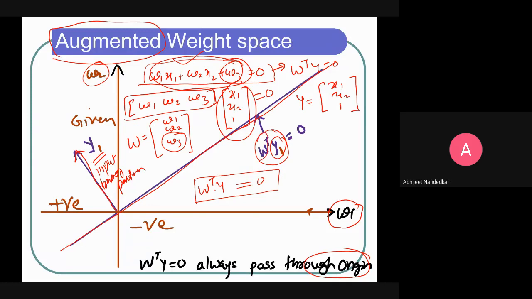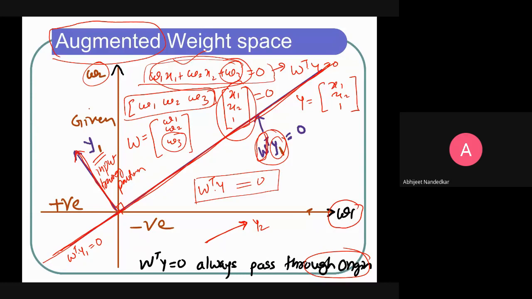Now my tuning parameters are W. For this line W transpose y1, since it is perpendicular to y1, W transpose y1 is equal to 0. What I want to say is, if you give me any pattern now, say y2, because I am going to give you training samples one by one and you are going to adjust the weights accordingly.